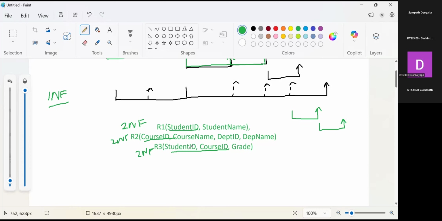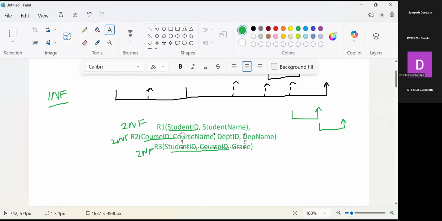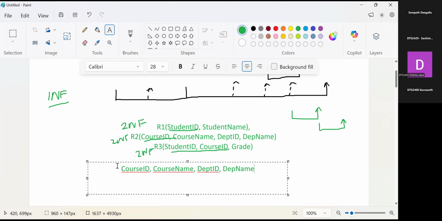But if you carefully look at the relation R2, so what is the relation R2? You have course ID, course name, department ID, department name. Let me take it separately and show you. So I'm going to take it separately. Course ID, this we call R2.